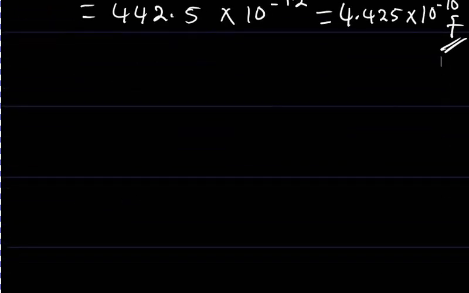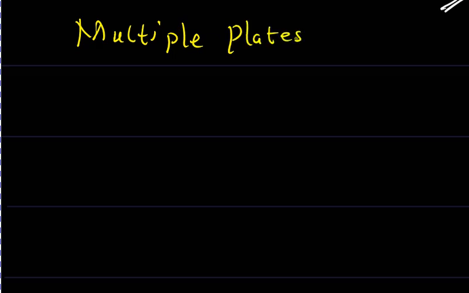Now this is just how to calculate the capacitance of a capacitor with two parallel plates. What of the one that has multiple plates? Multiple plates, with the same medium and of course the same distance.